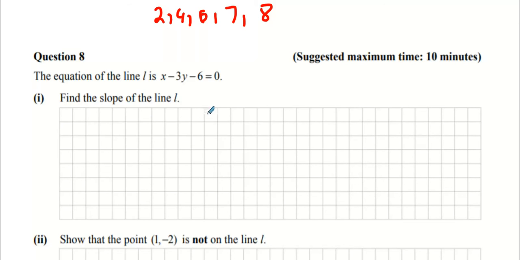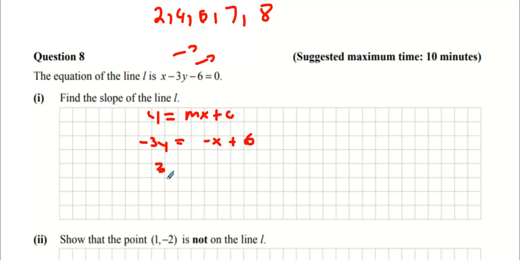Find the slope. To find the slope of this, you can either try and find 2 points on the graph and then use the slope formula, or you can use y equals mx plus c. And mx plus c is generally the way I do it. Get the 3y on its own, so bring the 6 and the x over the other side, so we get minus 3y equals minus x plus 6.